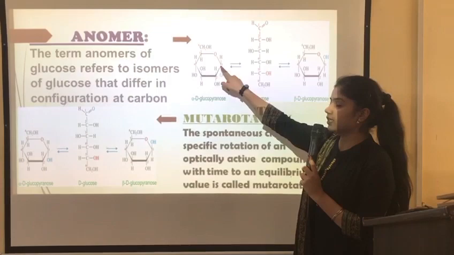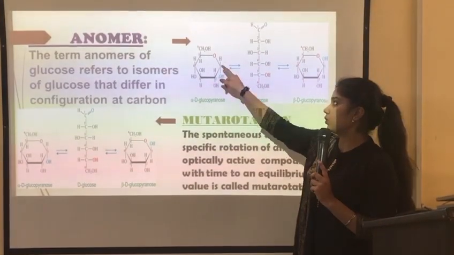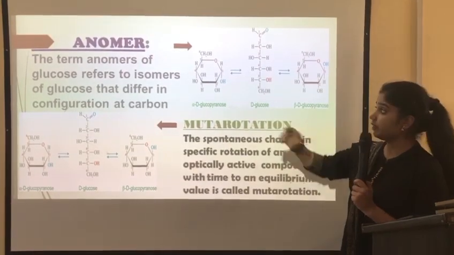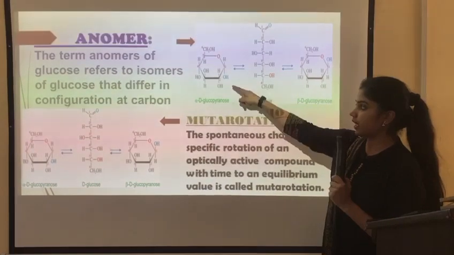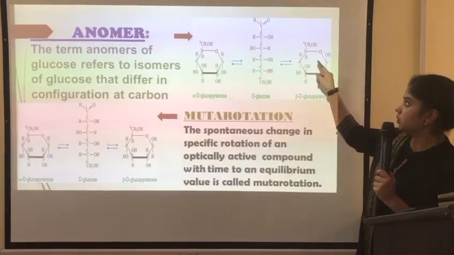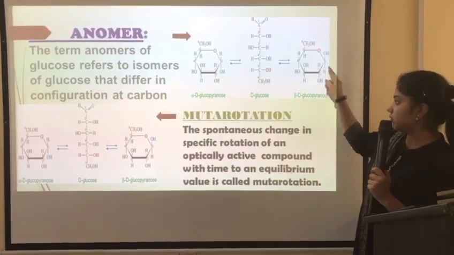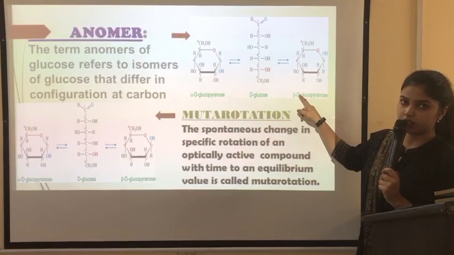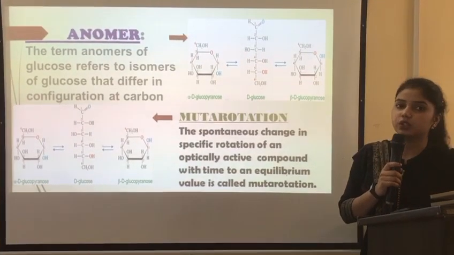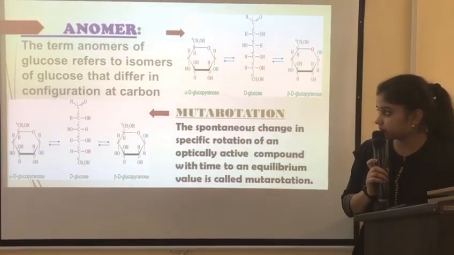This is the position of carbon 1 with this OH group. If the OH group is on the below side, then we use the word alpha. If the OH group is on the above side, then we use beta. This is all about anomers. It deals with the position of the hydroxyl group.